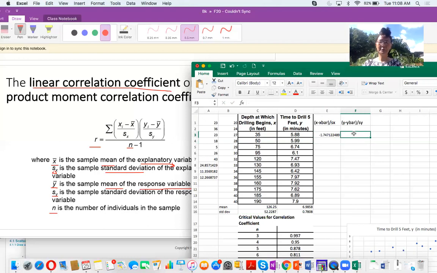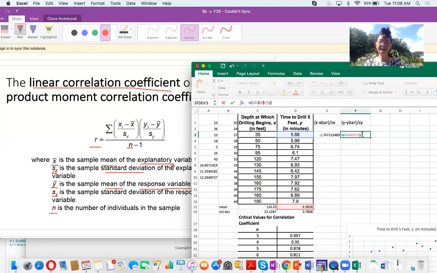Now I'm going to do y minus y bar. This is y minus y bar. This is y bar. Again, y bar is the same for all the y, so I need to use absolute cell reference. This is $D$15.